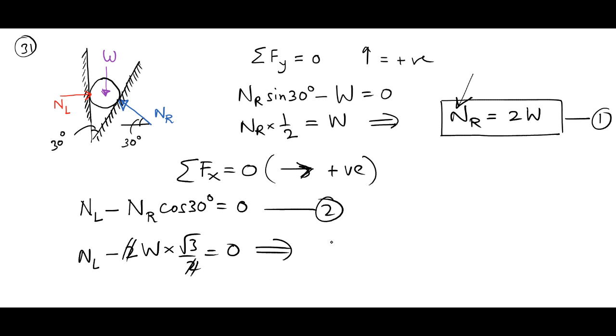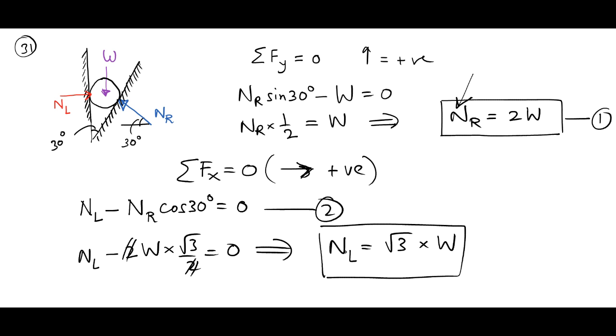This implies that NL, the normal reaction exerted by the left plane, is root 3 multiplied by W. That's how to solve this question using sigma Fx and sigma Fy equations. You can solve it using Lami's theorem too. You'll get the same answer.